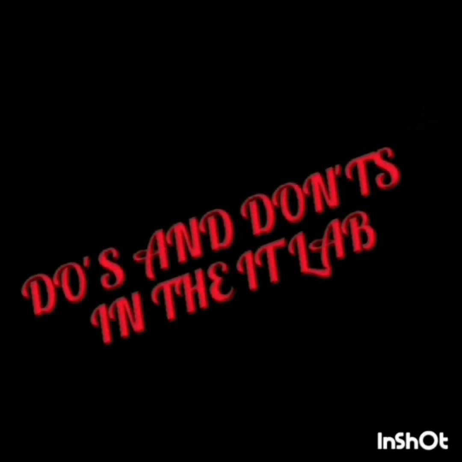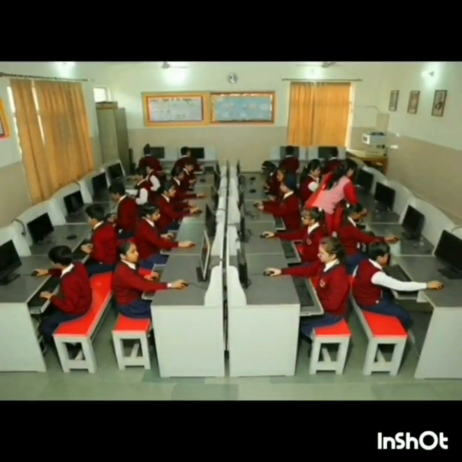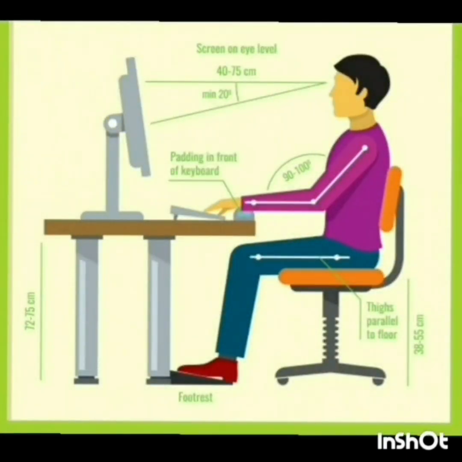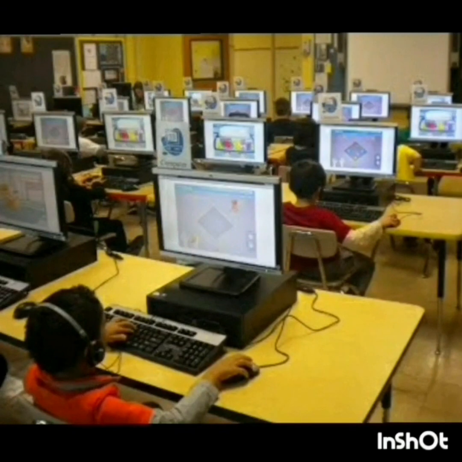Now students, do's and don'ts in the IT lab. First, do's. Always be seated properly with correct posture on the chair while working on the computer. Next, keep a proper distance from the monitor to protect your eyes from strain. Next, if you are two or more people sharing one computer, then divide the timings to do the practical assignments.